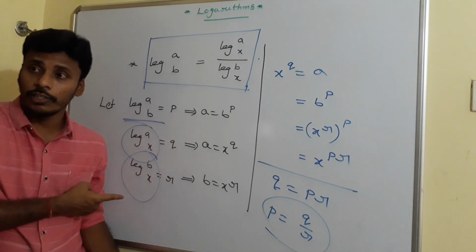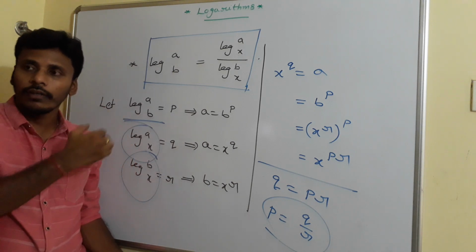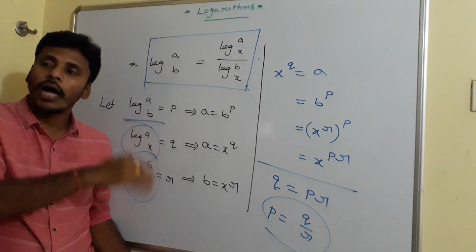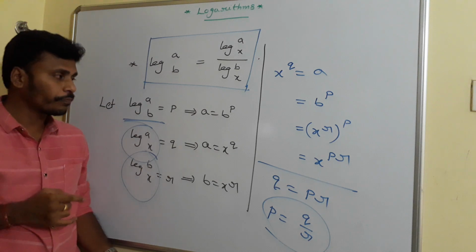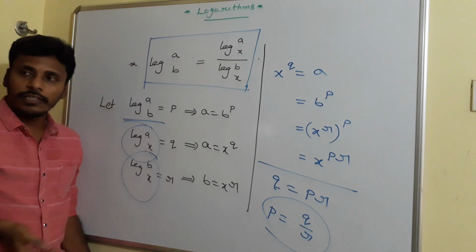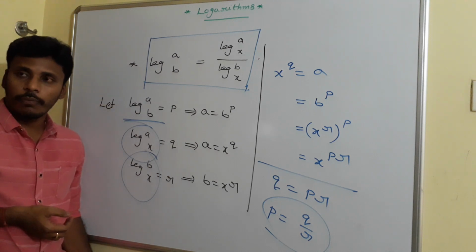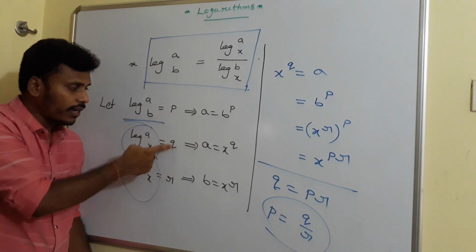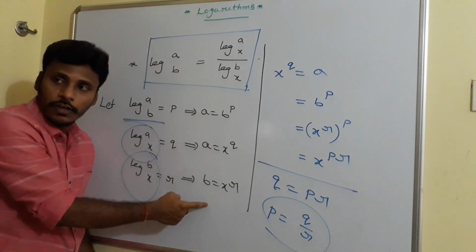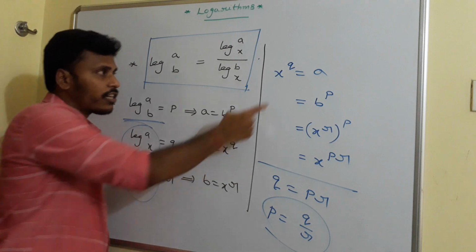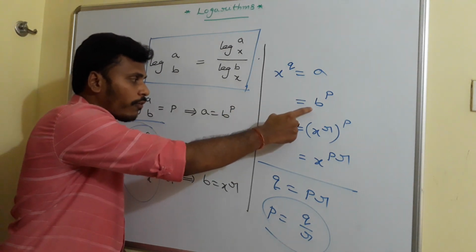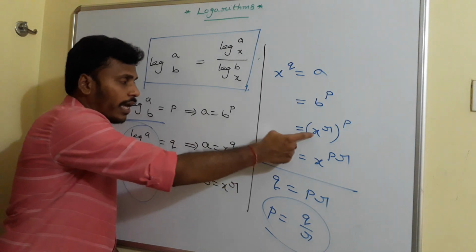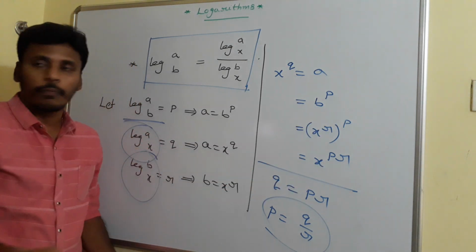Now have a look at this proof, and I will go with certain examples on this law and some more laws which are developed from this. Logarithm of a base b is equal to log a base x by log b base x, three logarithms, and I am taking them as p, q, r, converting into exponential form. Starting with the second relation, we have x power q is equal to a, and from the first relation a is equal to b power p. Replacing from the third, x power r to the power p is x power pr.